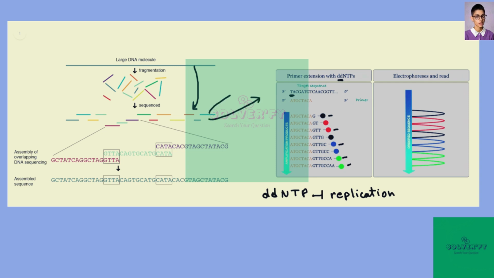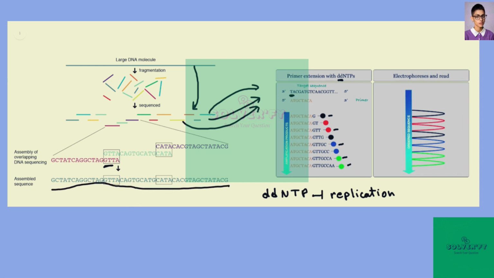All of the fragments get sequenced in this way. And then once you have all of the different sequences for fragments, you line them up and find overlapping regions. And then from that overlapping region, you can form the sequence of the entire DNA.